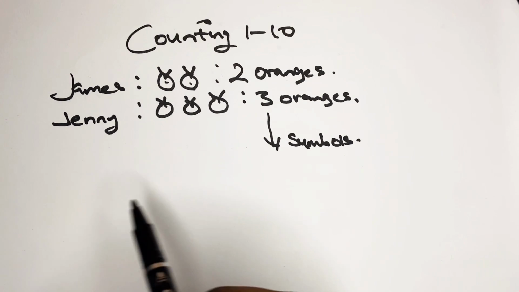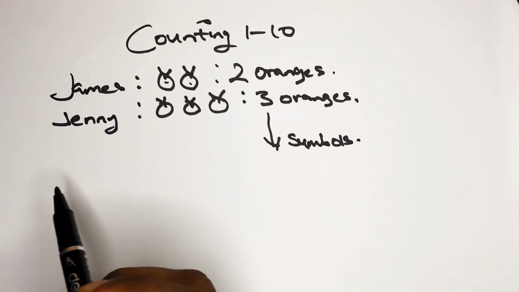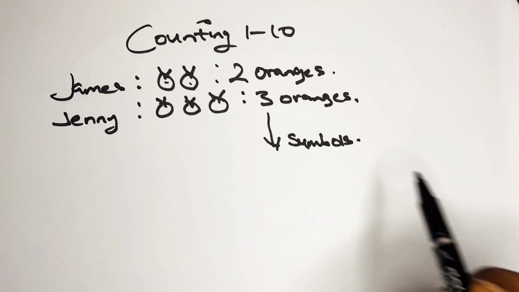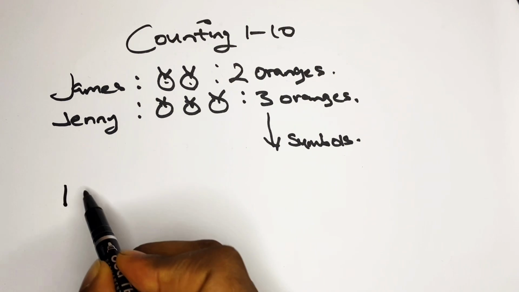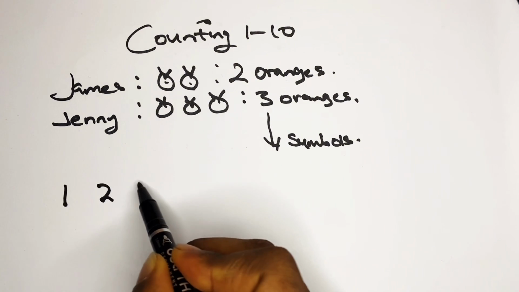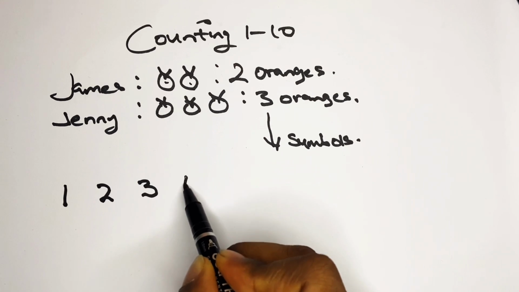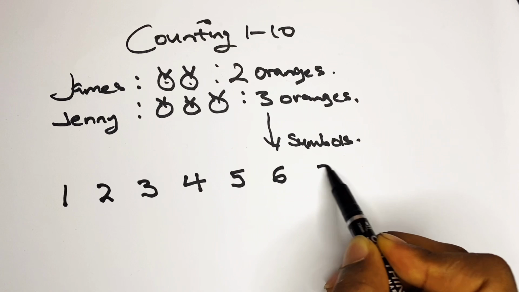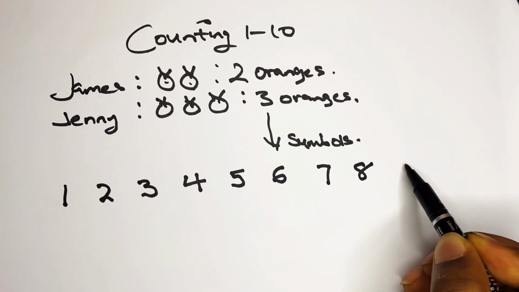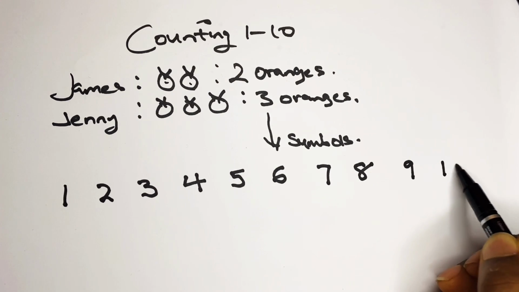So in this video, I'll be taking you through the first 10 counting numbers, which is 1, 2, 3, 4, 5, 6, 7, 8, 9, and 10.